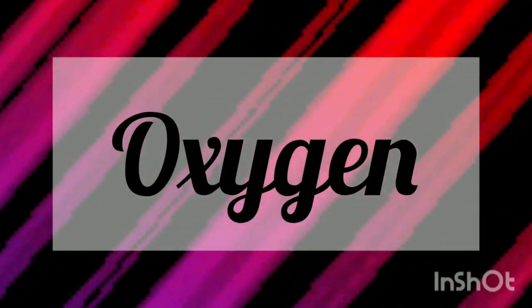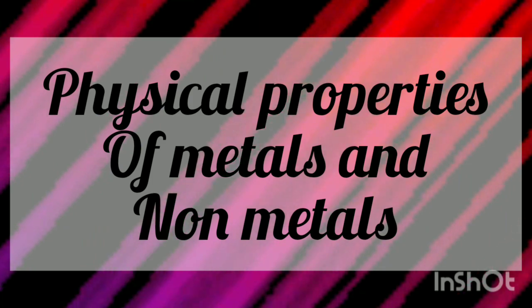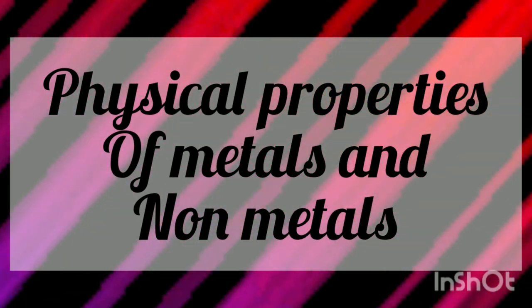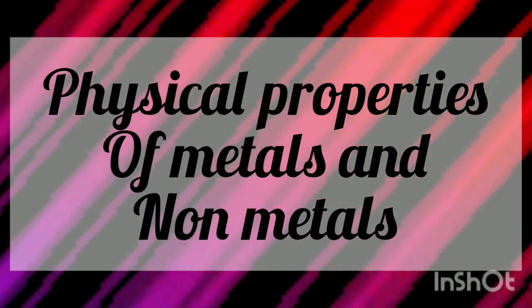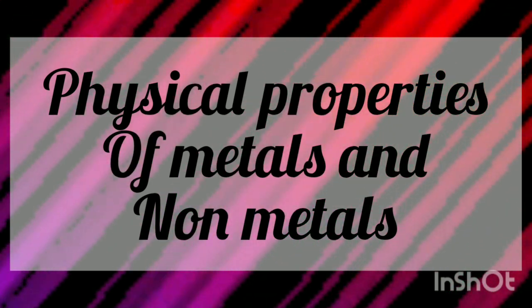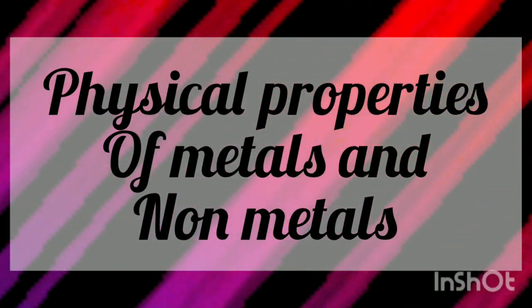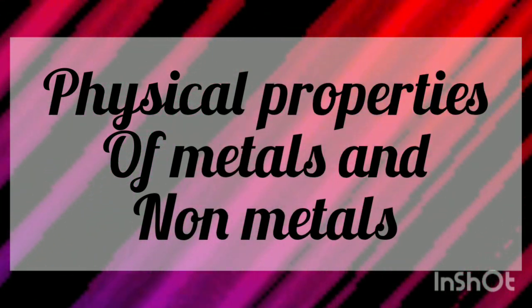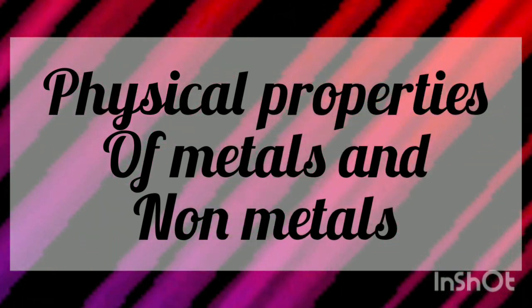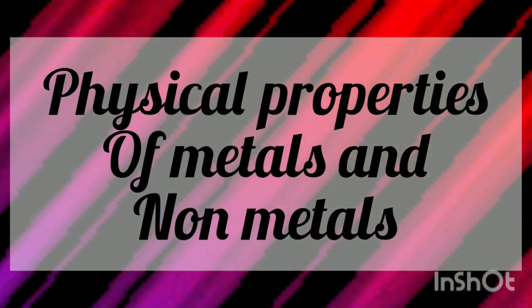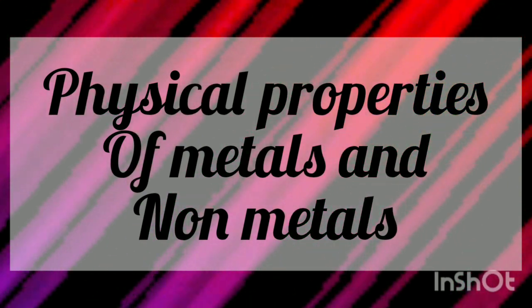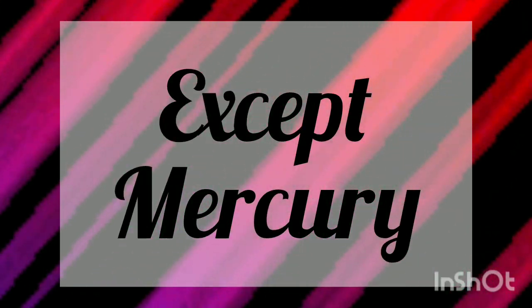Okay, now we will see about the physical properties of metals and non-metals. Physical properties include physical state, luster, color, hardness, malleability, ductility, thermal conductivity, electrical conductivity and sonority. Regarding physical state, most of the metals are solid except mercury.